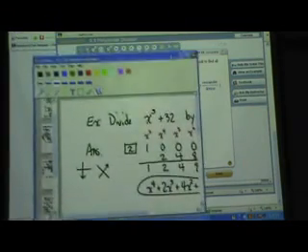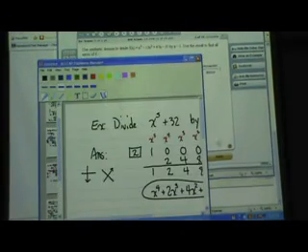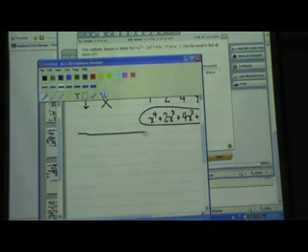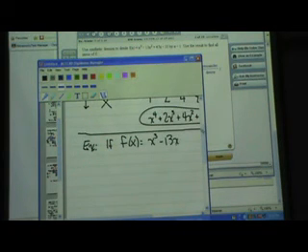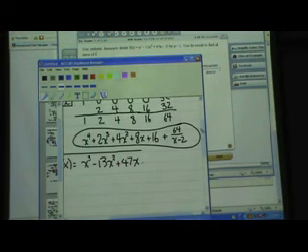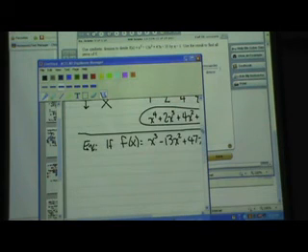So give me a second to get it set up. I got enough room on this page to do this whole problem. Alright, so let's see. If f of x equals x cubed minus 13x squared plus 47x minus 35, find the zeros of f of x.